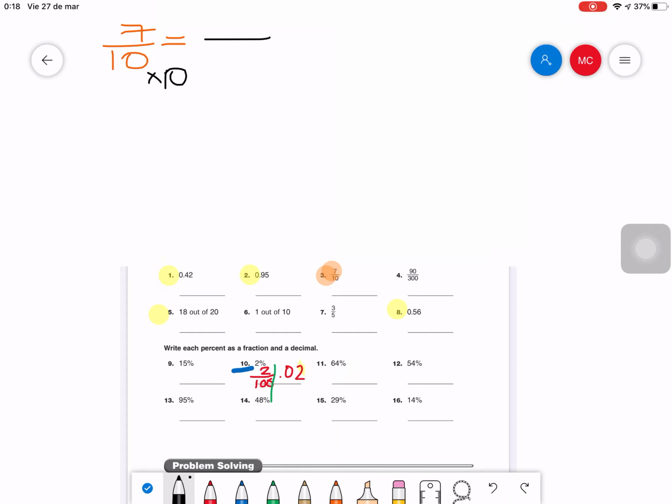If I multiply this number by 10, I gotta multiply the upper number by 10 too. So 7 times 10 will be 70. Now I can see right away that I can convert this into 70%. And then you're done, okay?